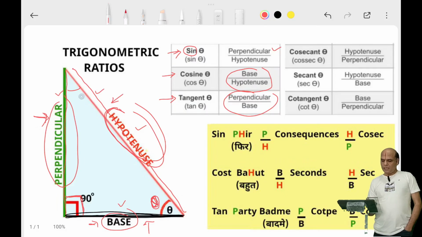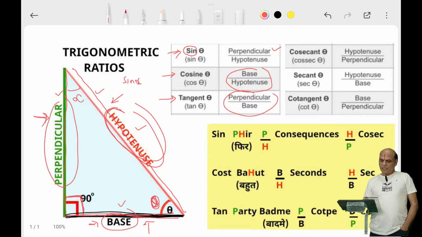Suppose I am considering this angle, let us call it alpha. If I say sine alpha, in that case what happens? This will become perpendicular, because any side which is looking towards that angle will become perpendicular. So this will become perpendicular and this will become base. So sine alpha would be like this perpendicular by this base.